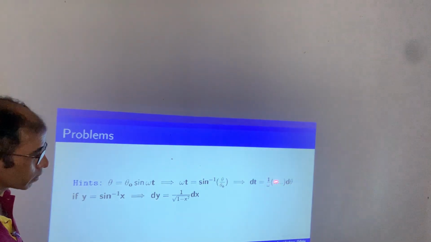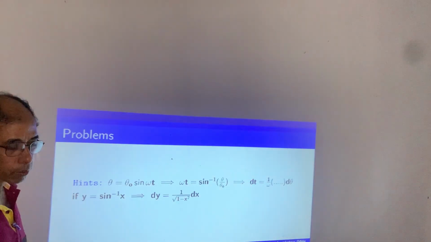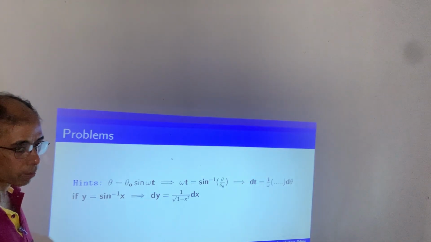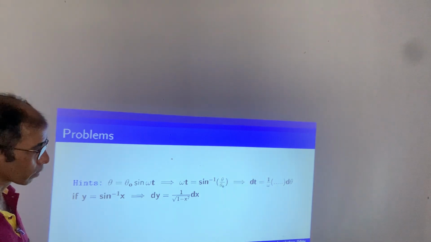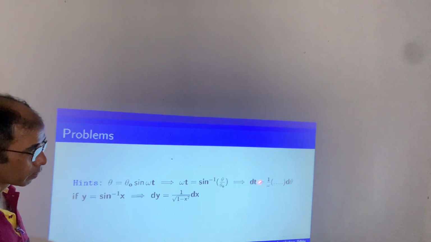So once you do this, you will get an expression. So this whole quantity is tau theta. Right. So dt is the time spent between theta and theta plus d theta.